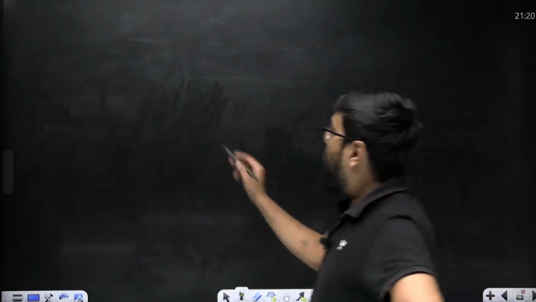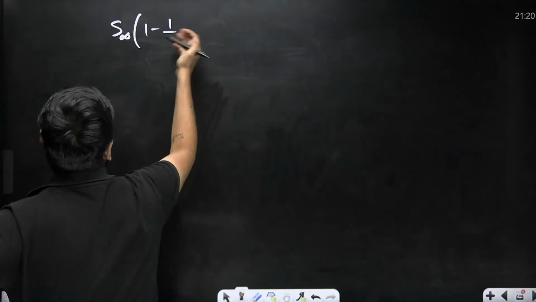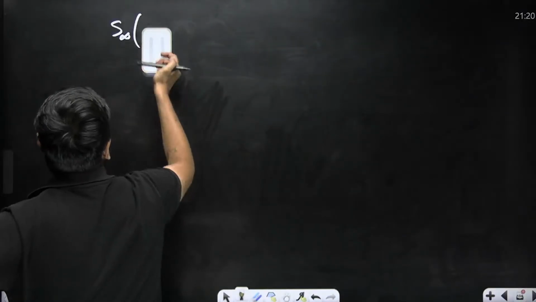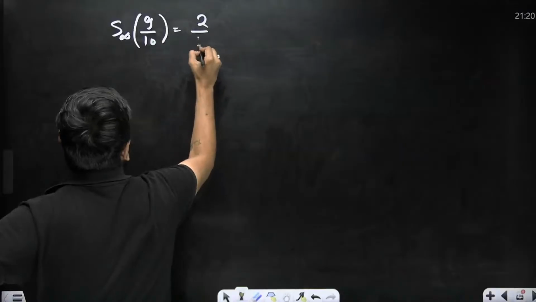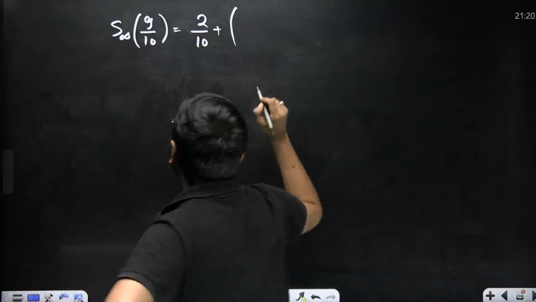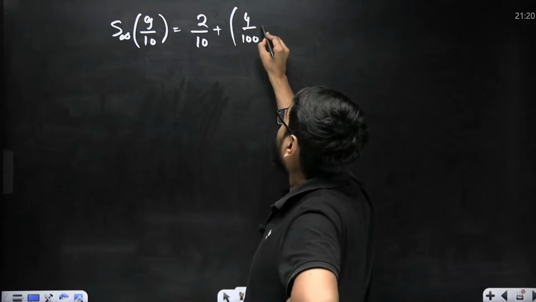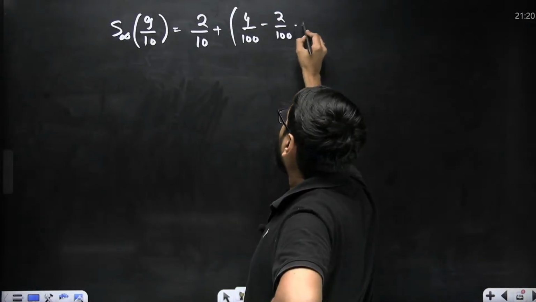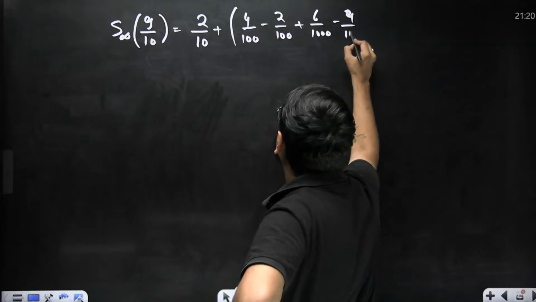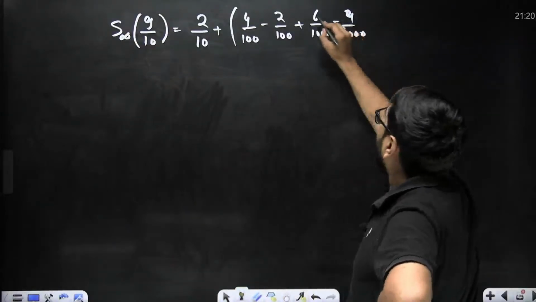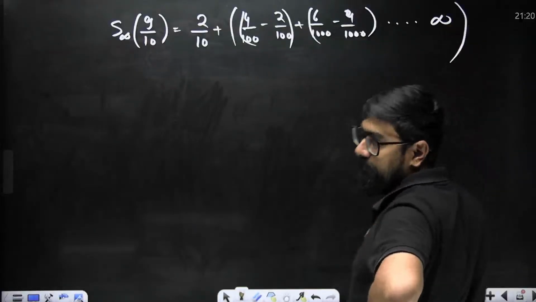So S infinity into 1 minus 1 by 10, which is 9 by 10, is equal to 2 by 10 plus 4 by 100 minus 2 by 100 plus 6 by 1000 minus 4 by 1000, and it is going to keep going on like this for infinite terms, right?